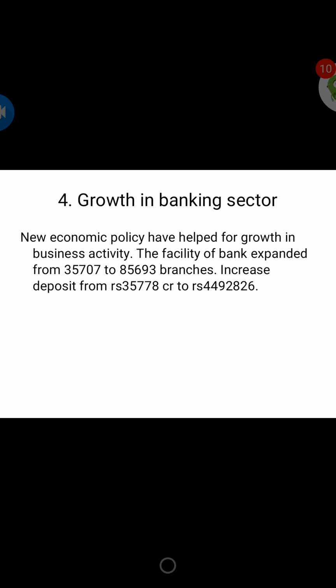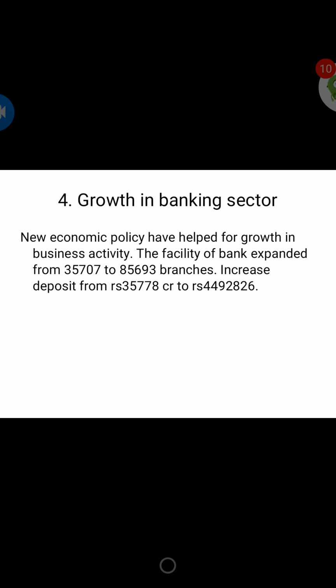There were many changes and growth in the banking business, which in turn helped the growth of business activity. The new economic policy helped the growth in business activity. It facilitated bank expansion.